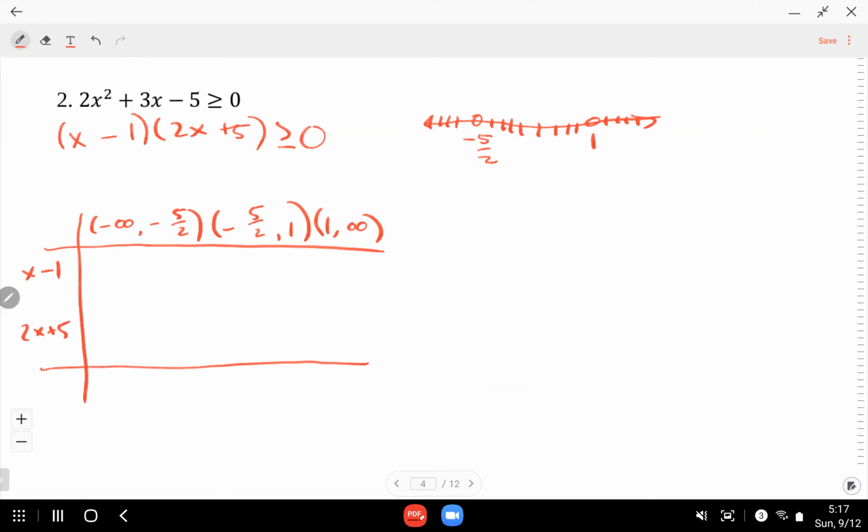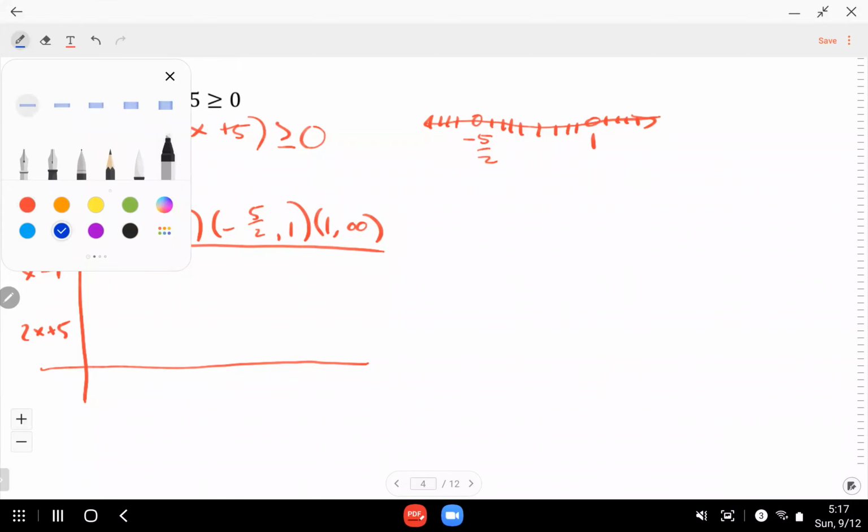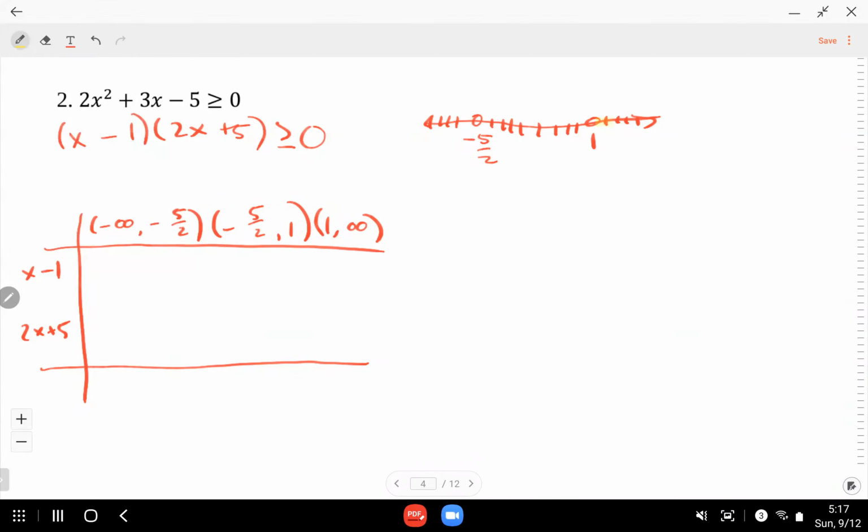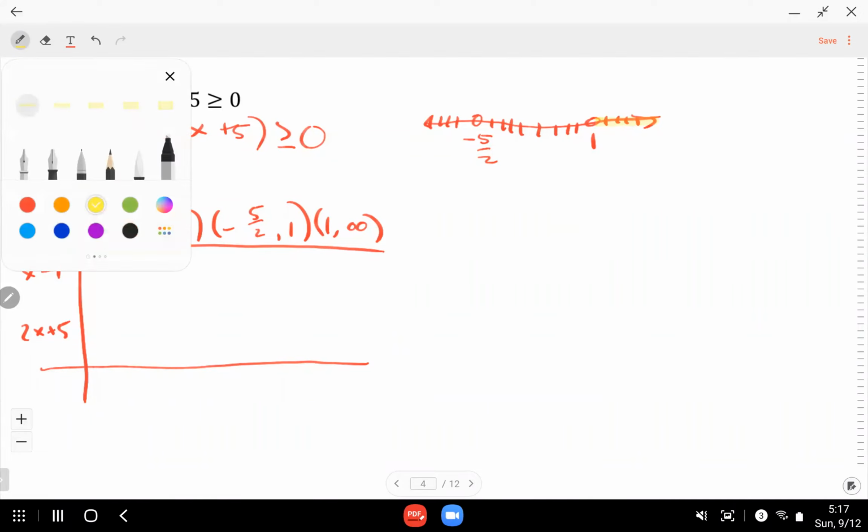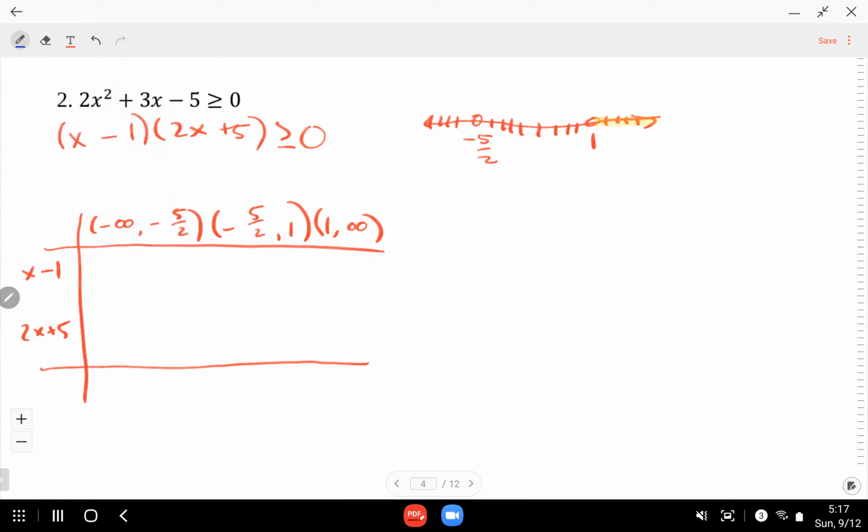So when is x minus 1 positive? You see here, x minus 1 is only positive over here, because x has to be greater than 1 to be positive. When is 2x plus 5 positive? You have to solve the inequality.